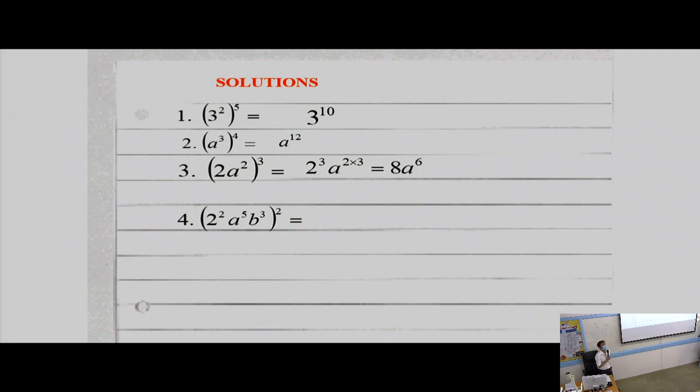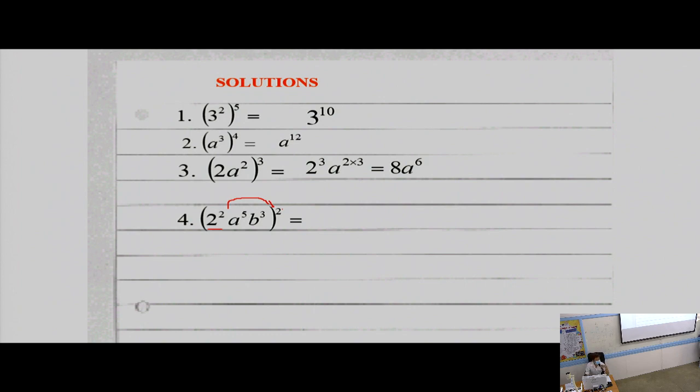Again, please speak louder. 2 to the power of 2 to the power of 2, that is? Speak louder. I can't hear you.